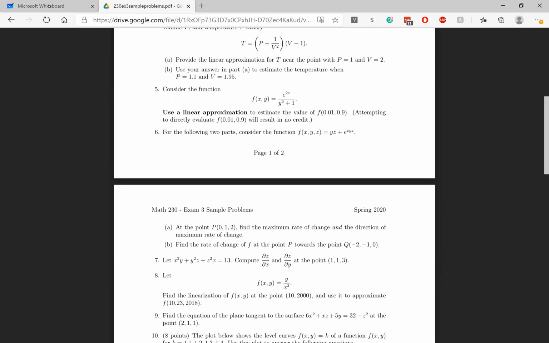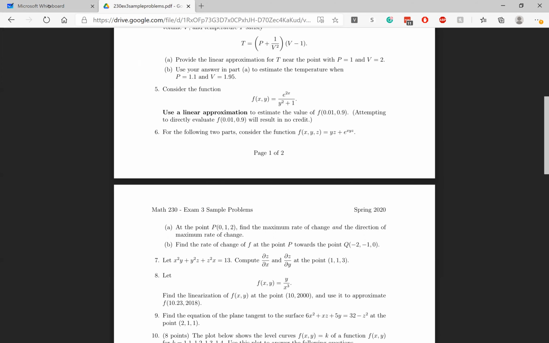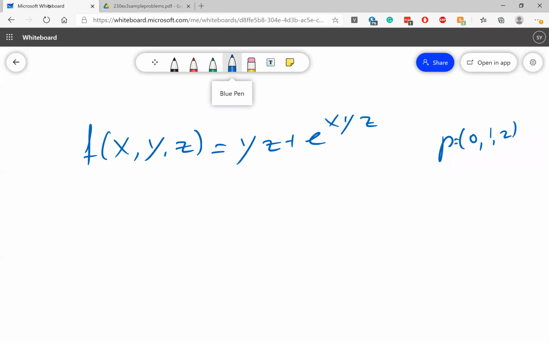So let's start with the point P, which is (0, 1, 2). Find the maximum rate of change and the direction of maximum rate of change. That would just be the gradient and the magnitude of the gradient.